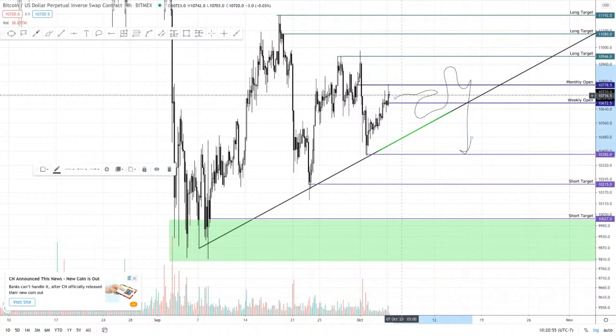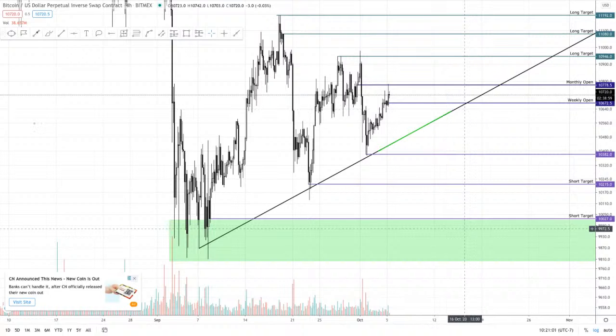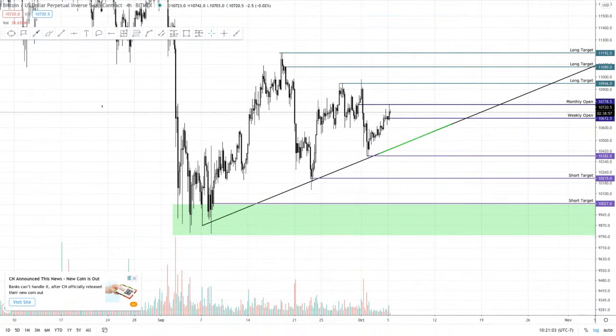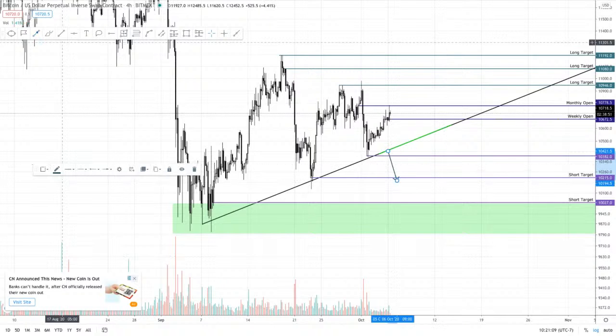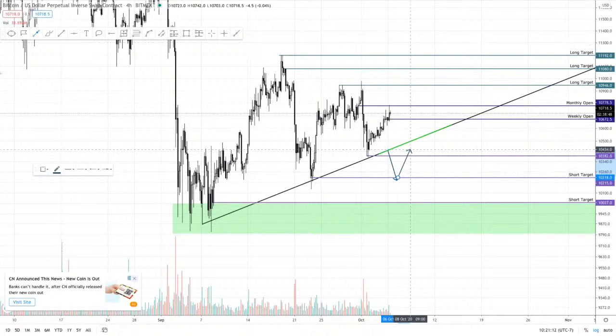So it'll play around first in this area, either break down. If it breaks down, price will break down to like here, retest this trend line, and this area here, when the retest happens, is where you want to get back in the short to further test down.